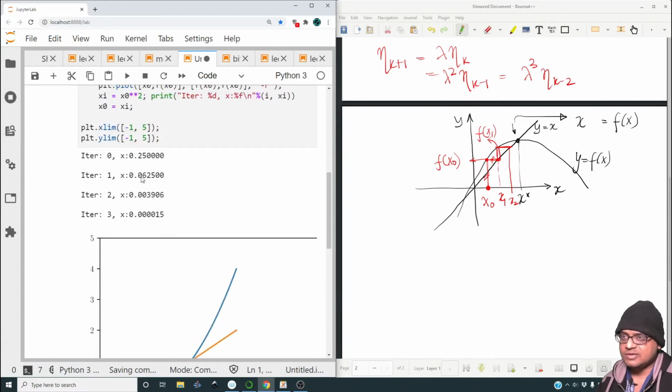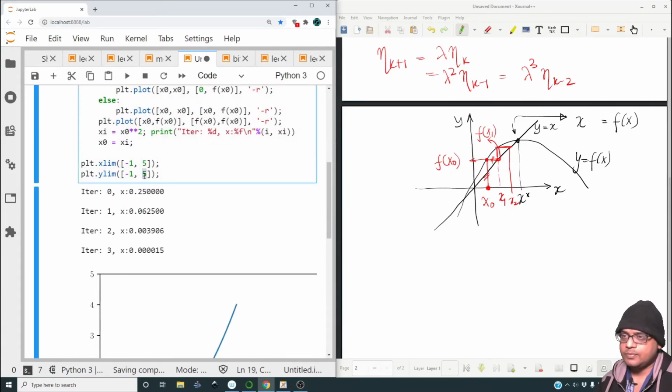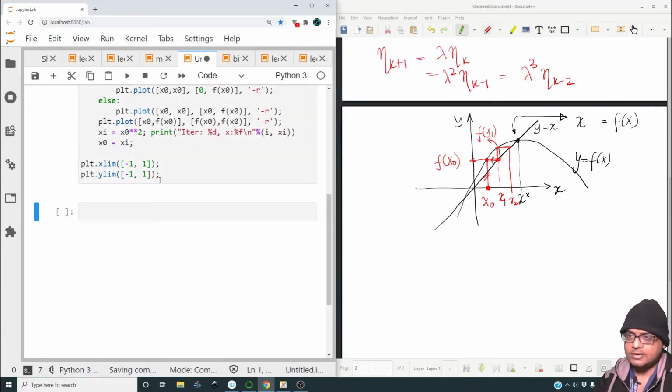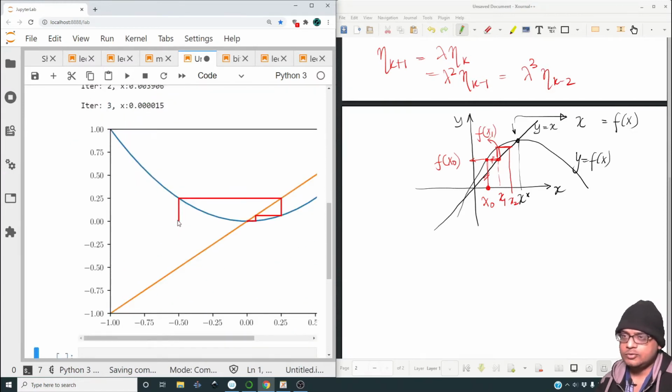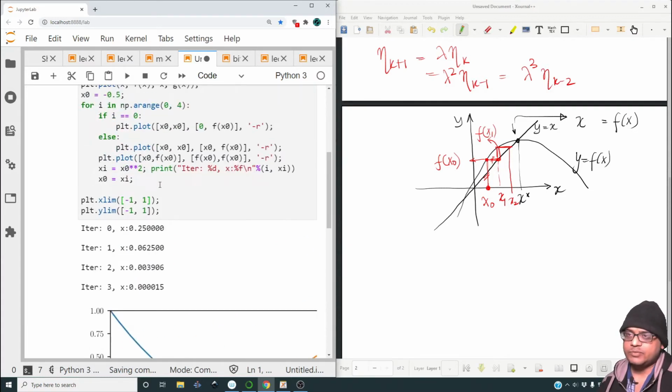Let me reduce the scale. Let me make it something like this. So we start off with a guess over here, then it is mapped onto this value, then it is mapped onto this, and this, and then it converges. So it's pretty fast convergence, and the divergence is pretty wild because of the fact that the root is larger than 1. Now let us look at the other case where the root does converge.